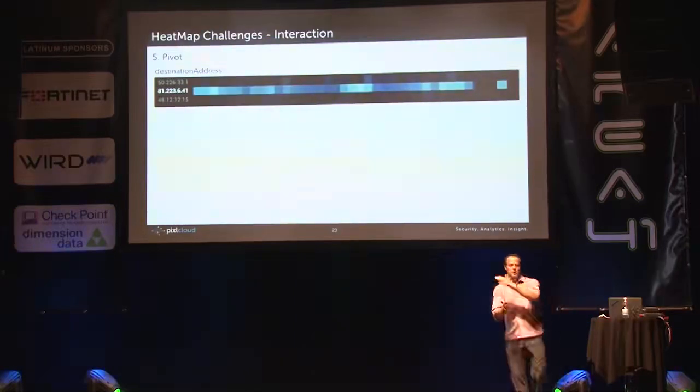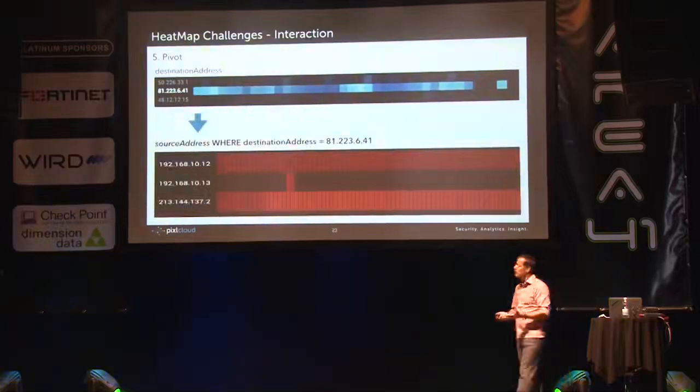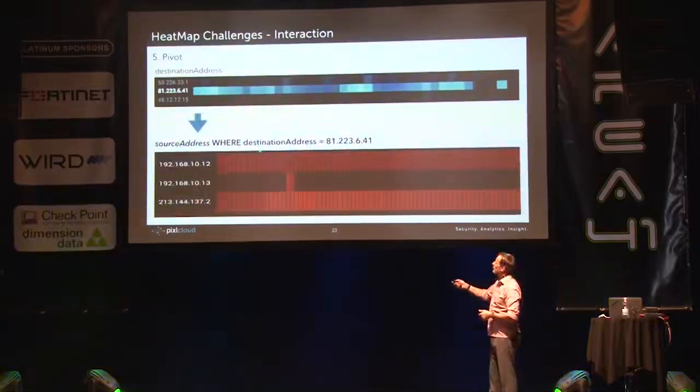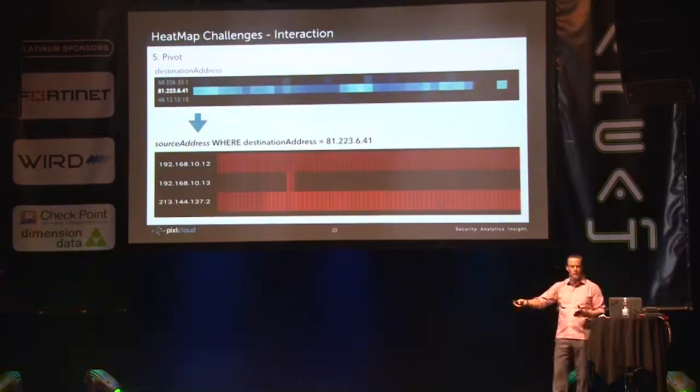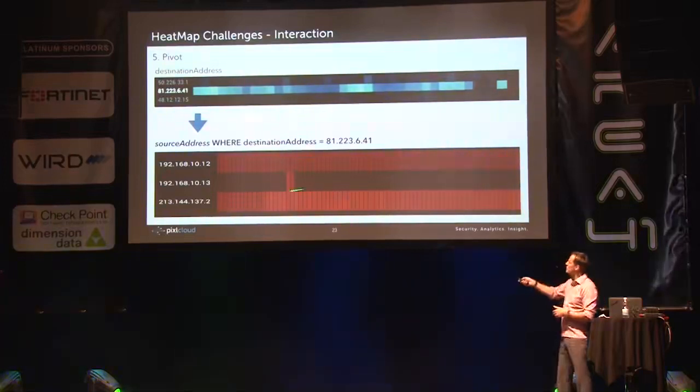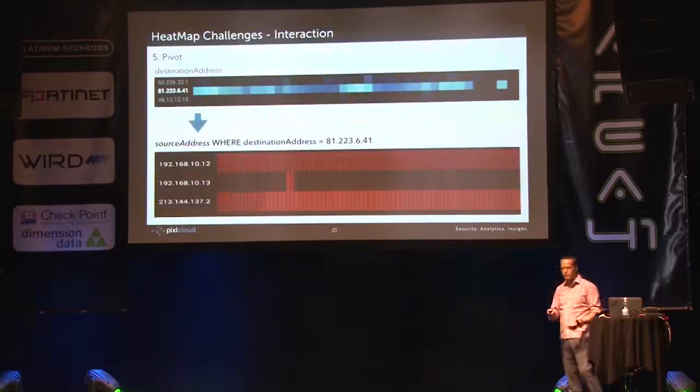Well, what other machines did it go to? What ports did it use? So I call this a pivot, where basically I want to tell the data, look, everything that has this destination address here, I want to now look at the sources. What sources were connecting to that thing? So then you can pivot to some other views here. I might want to do the same thing for the destination ports.